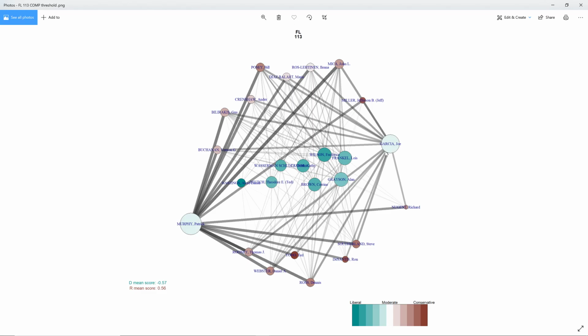So in Florida, in general most of them are moderate, both the Democrats and Republicans. There isn't a huge cluster of big nodes like we saw in California, and I feel like we see a lot more average size edges and connections.